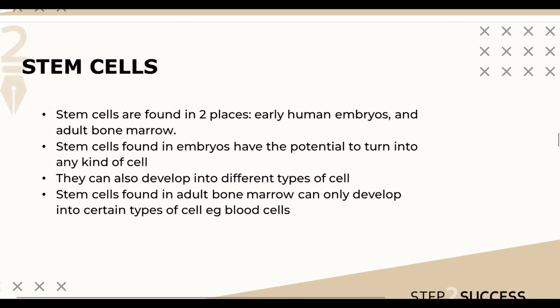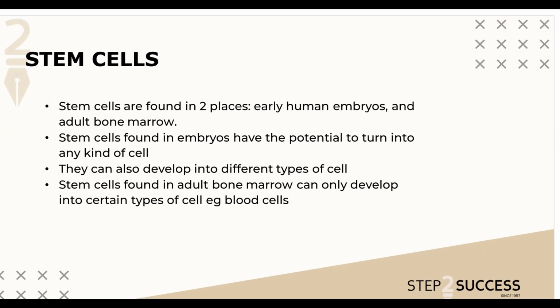There are two places where we find stem cells. Early human embryos, so when an egg has been fertilized, in the initial stages of an embryo, the cells are undifferentiated because they haven't yet become specialized into the blood cells and the muscle cells, etc., that person is going to have. The other place where we can find stem cells is in adult bone marrow. Now, you just need to know the differences between the stem cells found in these two places.